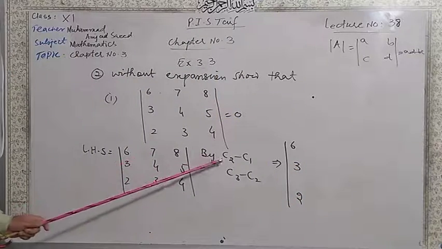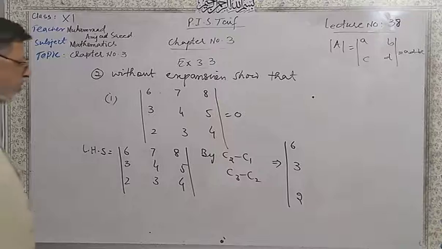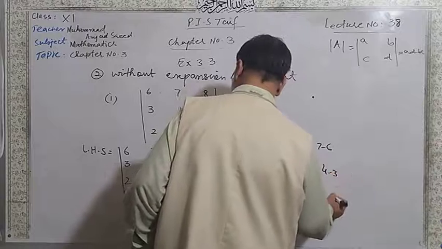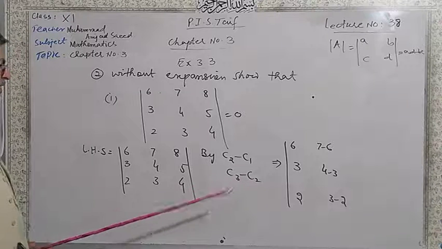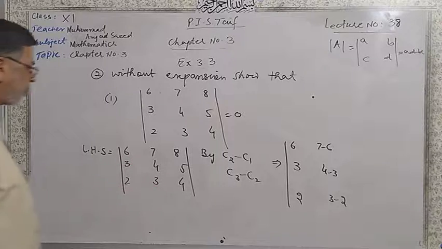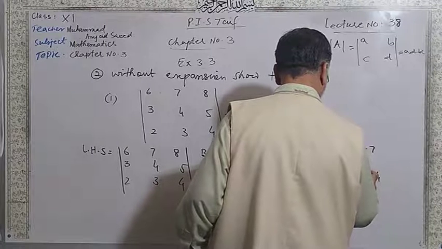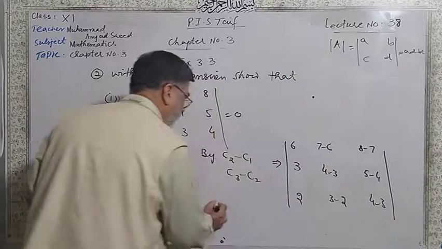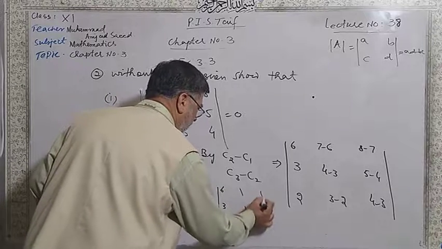Now column 2, C2 minus C1: 7 minus 6, 4 minus 3, 3 minus 2. Similarly, C3 minus C2: 8 minus 7, 5 minus 4, and 4 minus 3. You can check: 6, 3, 2; 1, 1, 1; 1, 1, 1.